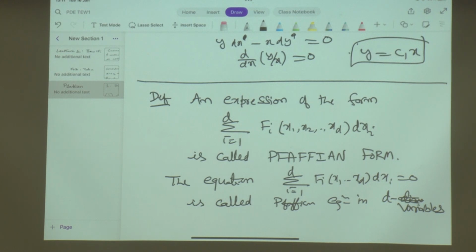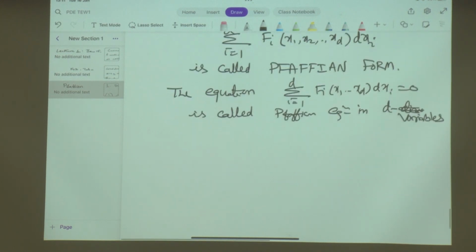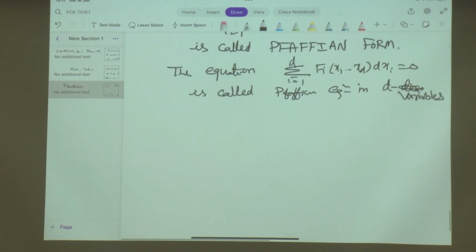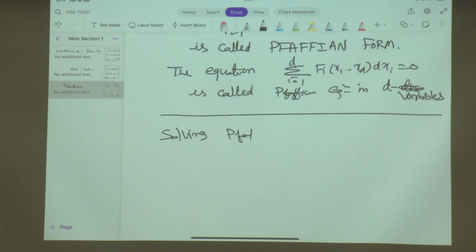So in this we will see in the next lecture in the afternoon. Now we are interested in solving them. Solving Pfaffian equations.